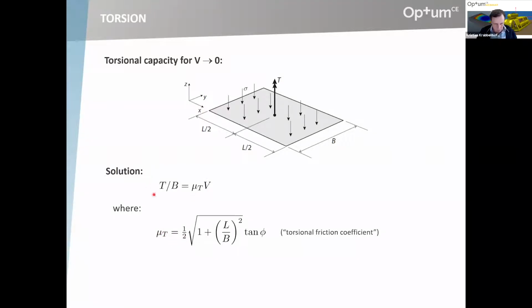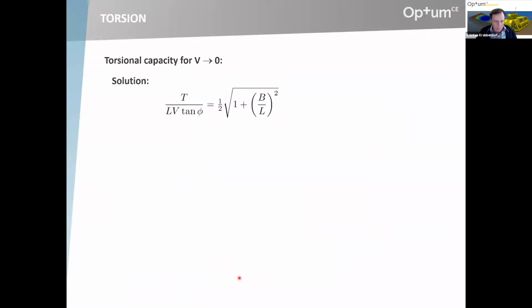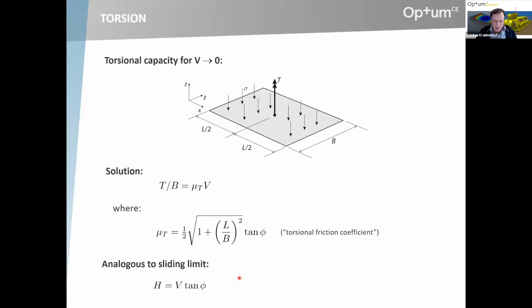So then you can express this solution in this way here. So T divided by the width is just the friction coefficient times the vertical force, which is very analogous to what we have with the sliding limit. So that seemed to make sense.